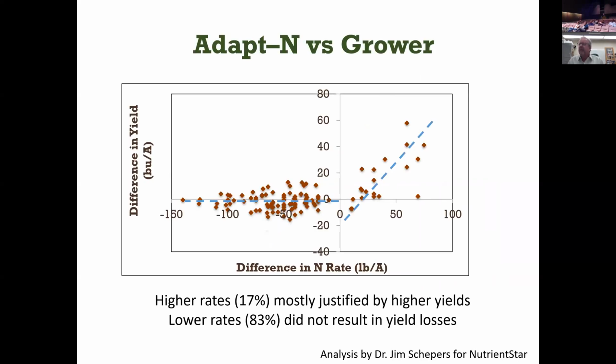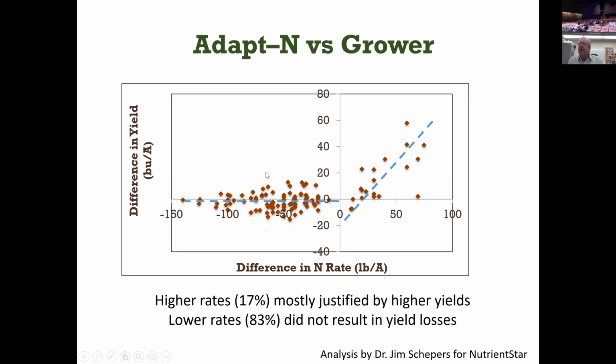And that's being illustrated in this graph, which I really like. It's one of my favorite graphs. We actually gave the data to another independent scientist, and he developed this graph where the x-axis shows the difference in N rate between the two methodologies, Adapten and grower. So on the left side, that meant that Adapten recommended less nitrogen than what the grower would use.